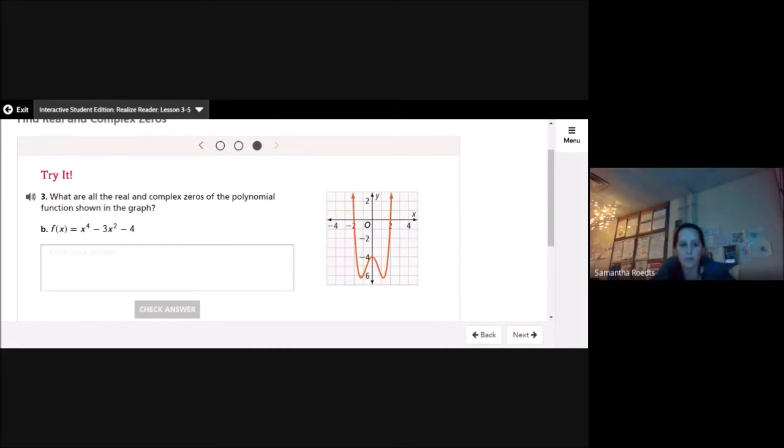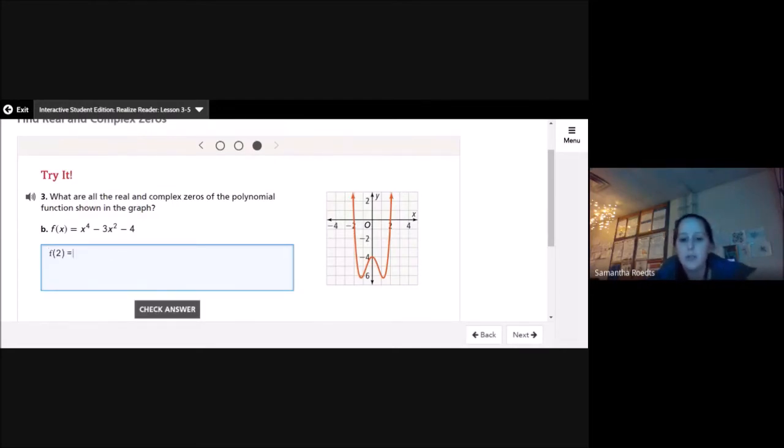Number 3b, what are the real and complex zeros of the polynomial function shown in the graph? So I have x to the 4th minus 3x squared minus 4. It looks like it crosses at negative 2 and 2. So I'm going to try 2 first.